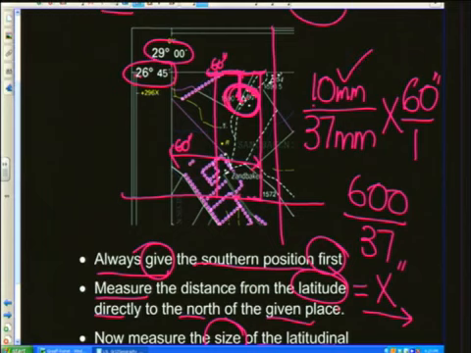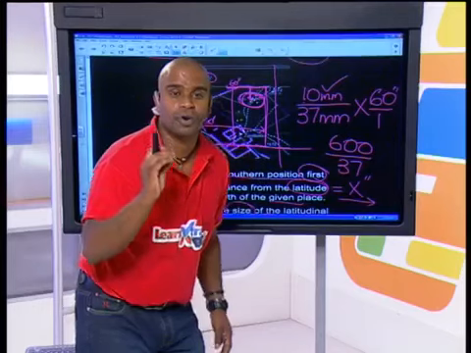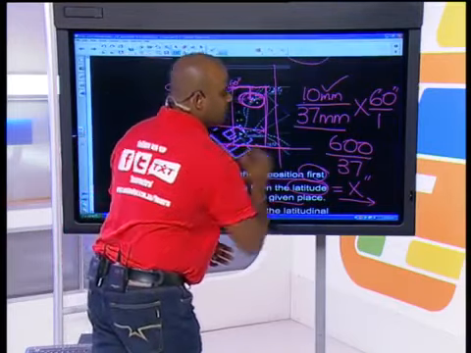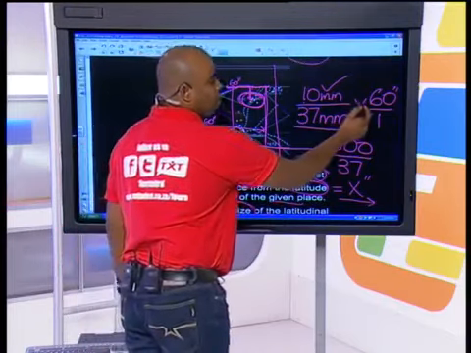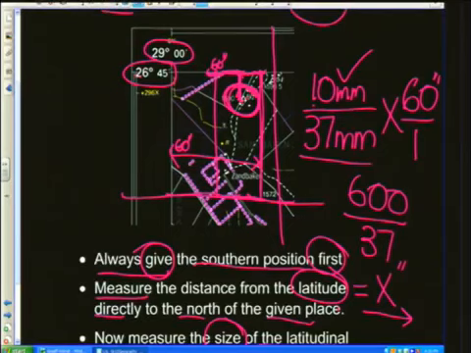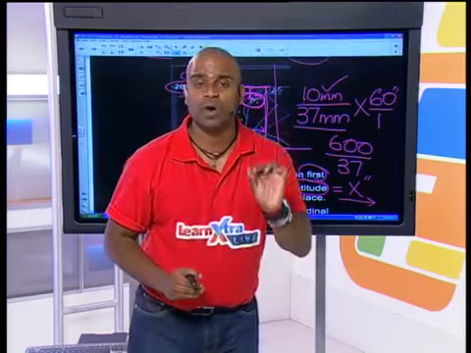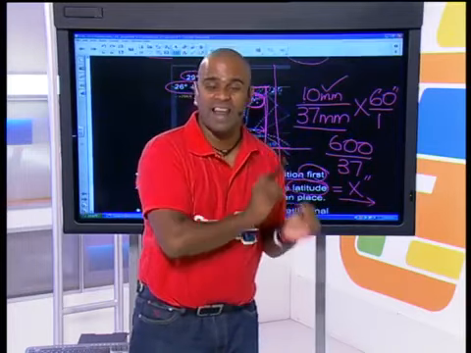Once we've got that distance, which we've used a ruler to measure, we will then calculate the distance between two lines of latitude. In this example, and standardized on most topographical maps, you have a distance of 37 millimeters. Remember, we are multiplying by 60 because 60 seconds is the distance between two lines of longitude or two lines of latitude. We are currently working with the line of latitude.